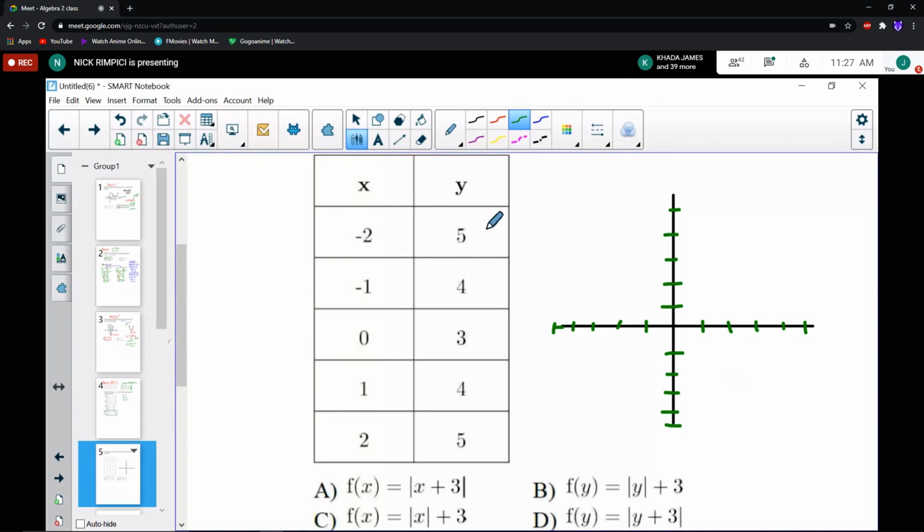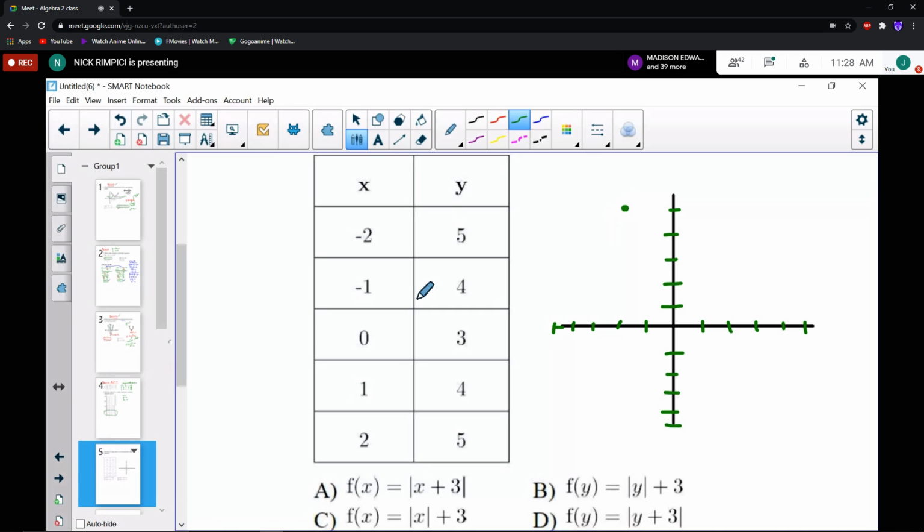Can someone tell me where -2, 5 is located? How do I find -2, 5? Go left 2 and up 5. Thank you. So how about right there?